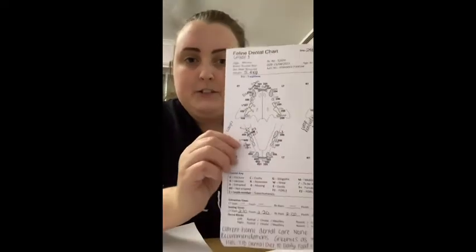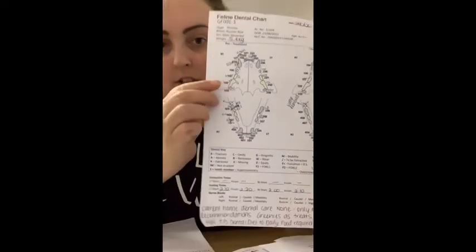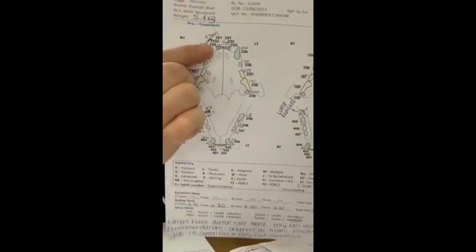Okay, so we're just going to go through the dental pathology that was found on Ziggy's dental. We're going to start with the 103, which is incisor 3 up here. I've noted that we found 0.5 pocketing depth, no gingivitis, no recession, no mobility.